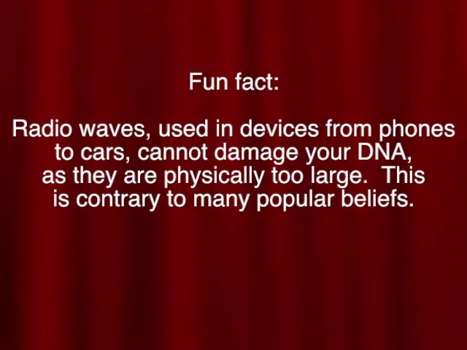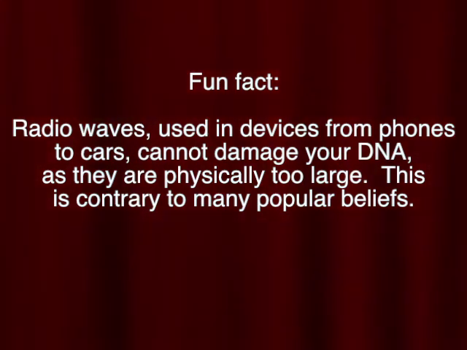Now, for this next part, I'm going to shut the lights off to make it a little bit better. I know that you guys can't see me, but trust me, I'm actually here.